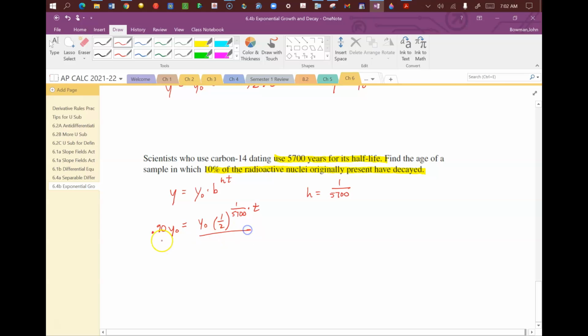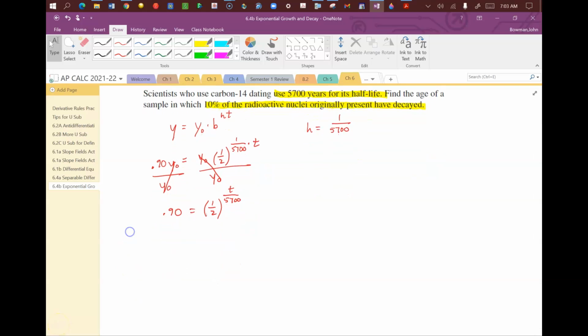So if we divide both sides by y0, they are going to cancel out, and we have 0.90 is equal to 1/2 to the t over 5,700. And now we're going to have to take logs of both sides. You can use any log base you want.